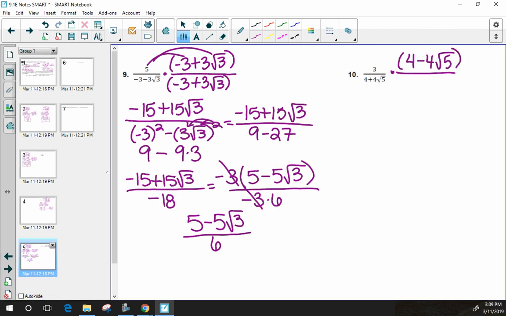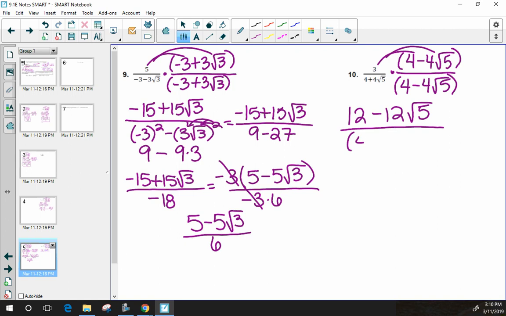Make sure you use the correct conjugate. And start with that. So your conjugate should be 4 minus 4 square root of 5. Then we distribute. You get 12 minus 12 square root of 5. On the bottom, we're going to get the first term squared minus the second term squared.